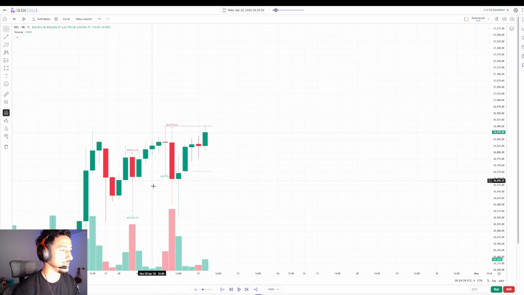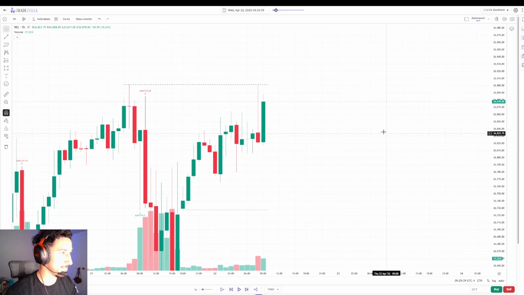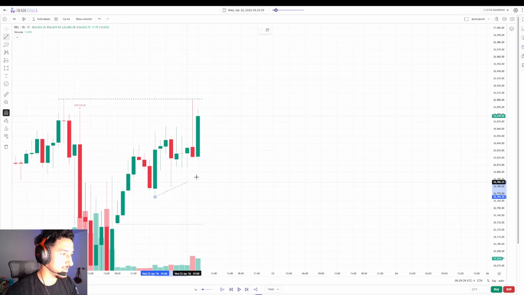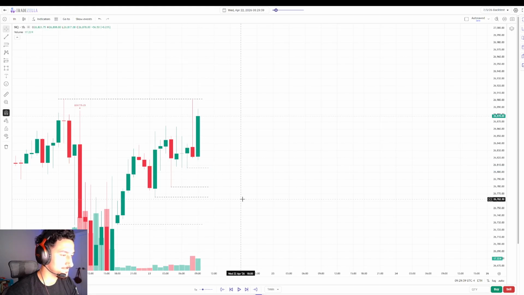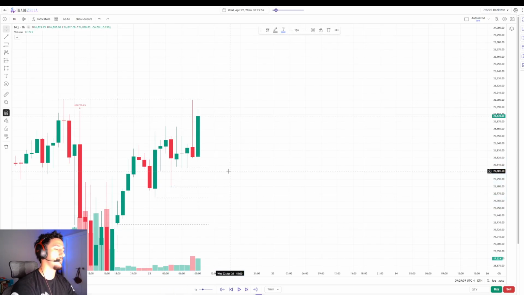All right, so this will be my draw lower, my draw higher, depending on which way my bias goes. Created some equal highs, already pushing up higher and higher. We've got some low resistance liquidity here. Some stacked lows, all trailing up from here, as you can see. Trend line traders would be banking right now. All right.